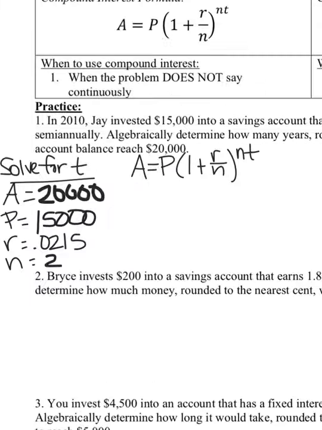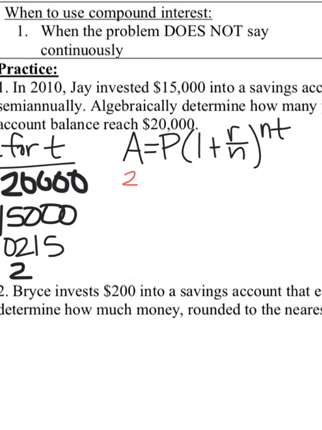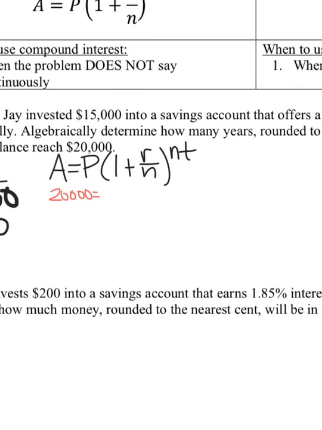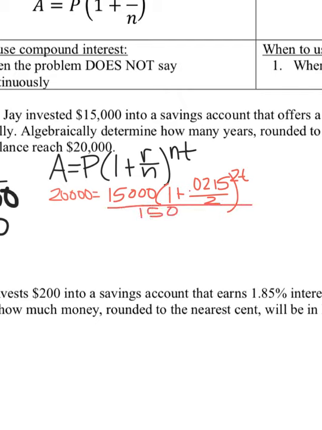So we plug all this in: 20,000 equals 15,000 times (1 plus 0.0215 divided by 2) raised to the 2 times t. To solve this, you look for your variable. The variable is up in the exponent, which means you're going to have to use logs. The first step is dividing by the 15,000.